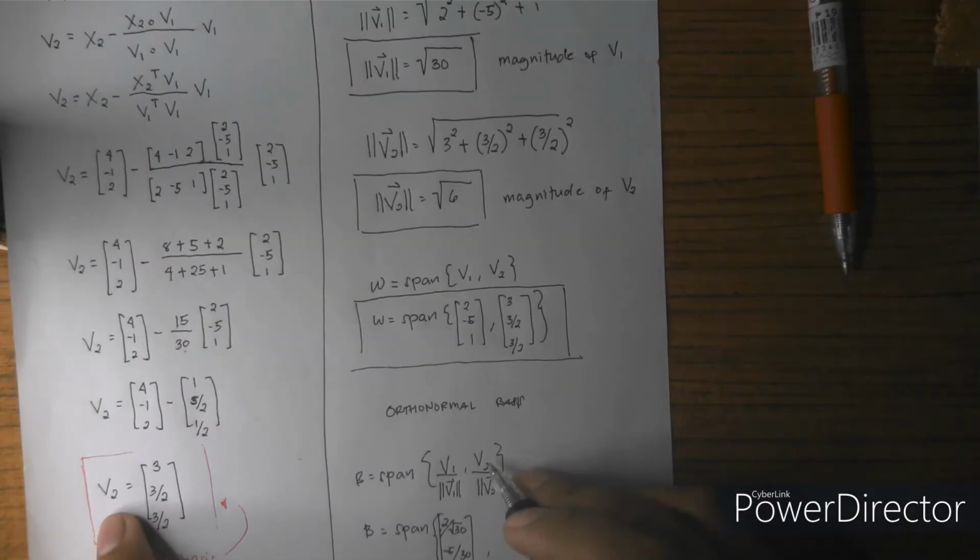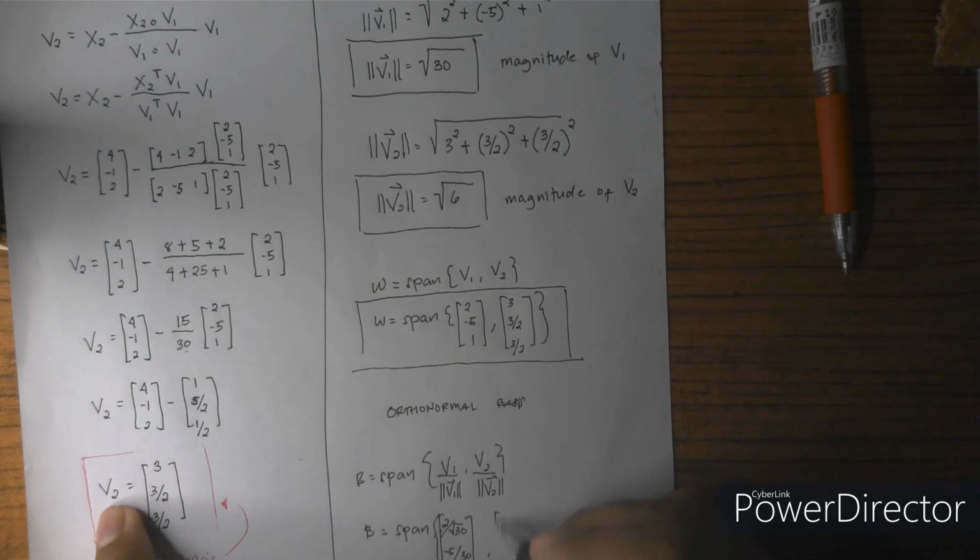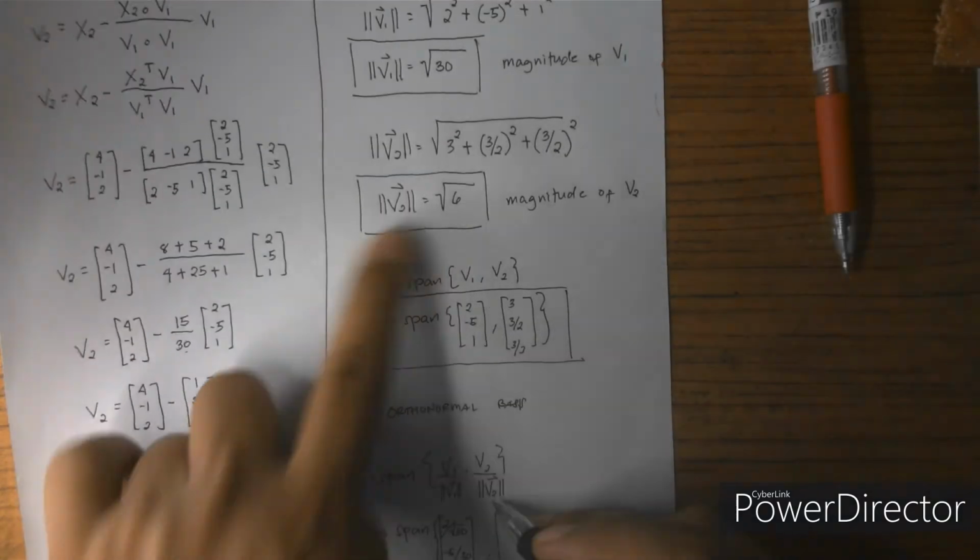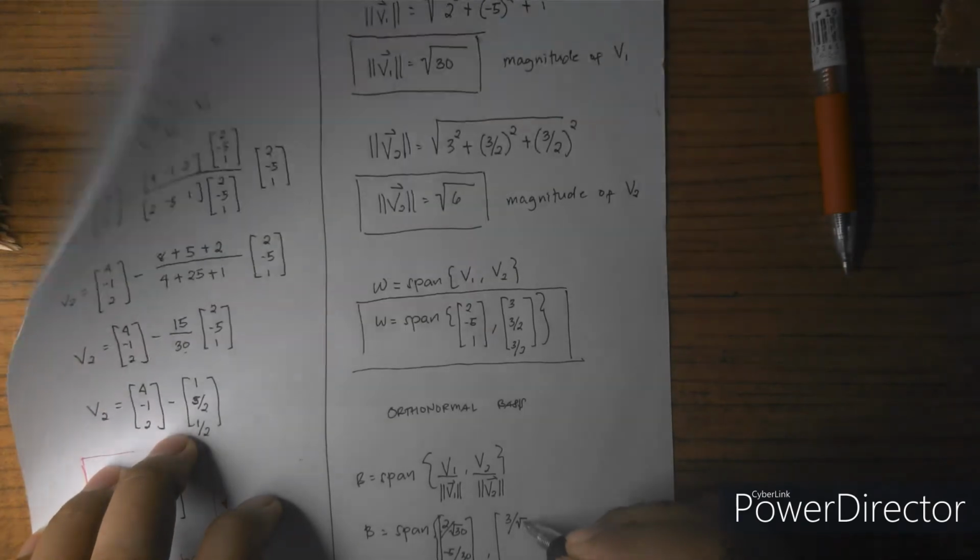And then for our v sub 2, we will now use the values here. V sub 2 is equal to 3 over the magnitude of vector 2, which is the square root of 6. The next one is 3 halves over the square root of 6.